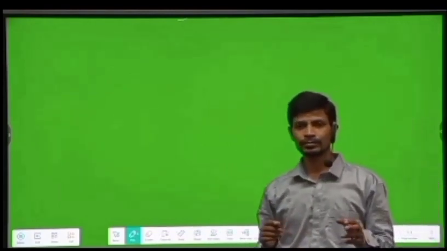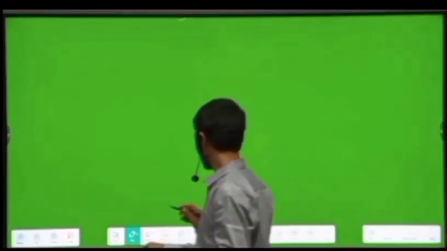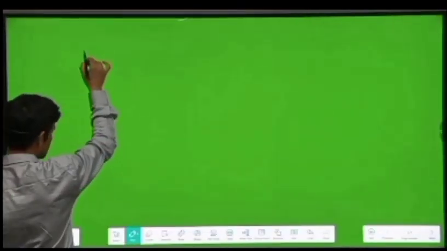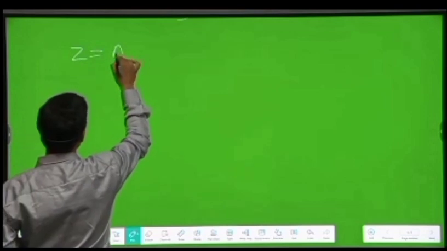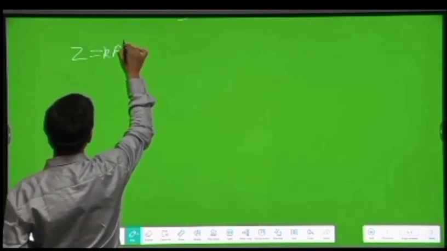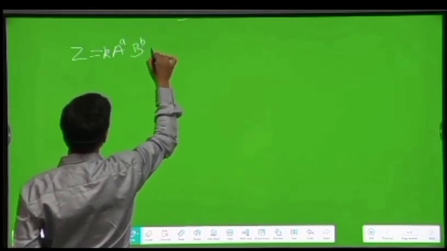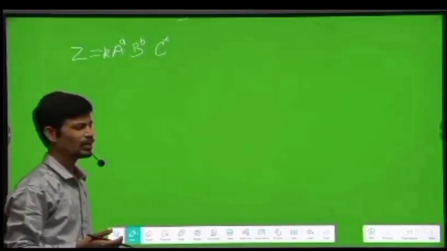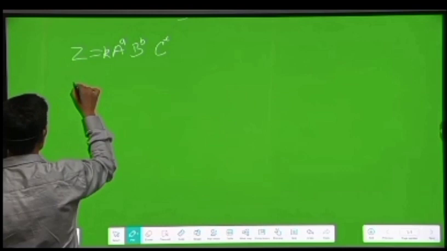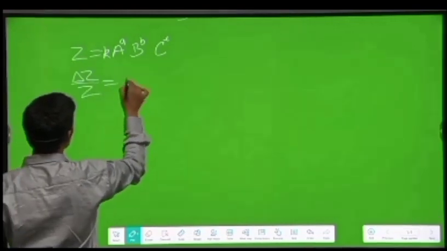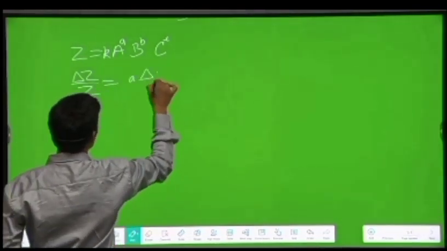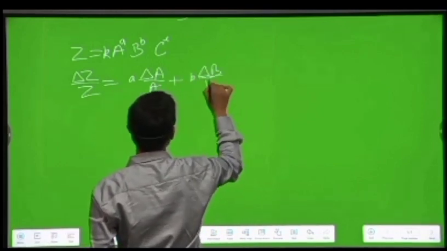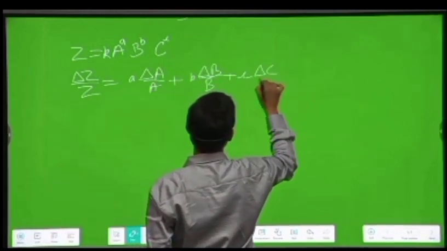Okay, so now one more thing. We will go back to that expression where this z was equal to some constant k, then a to the power a, b to the power b, and this time I'm taking c to the power c, and so on. There can be a number of terms. So as its solution is this, constant will be eliminated, delta z by z equals a delta a by a plus b delta b by b plus c delta c by c.